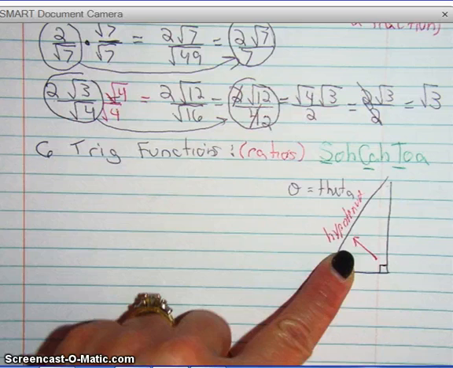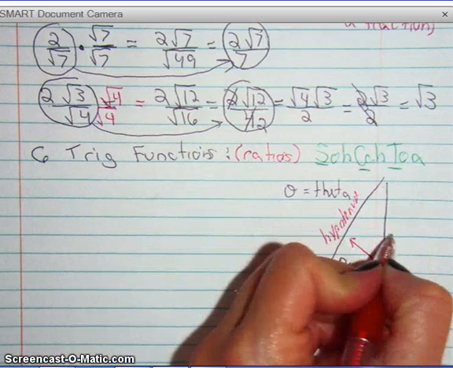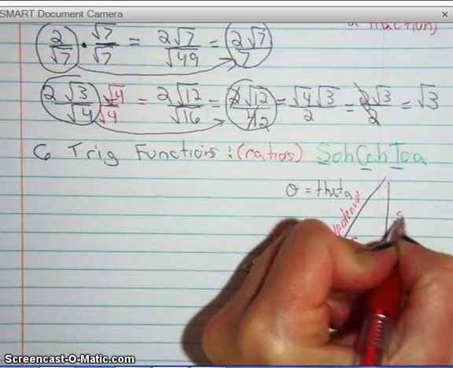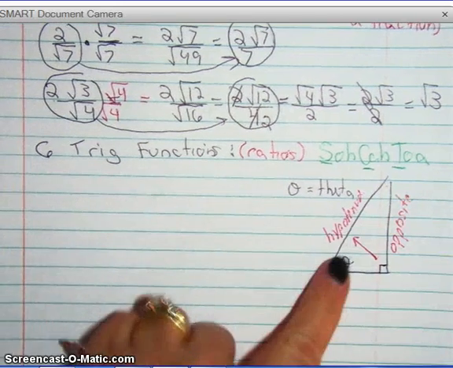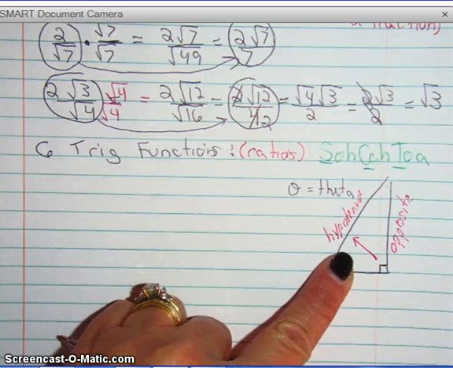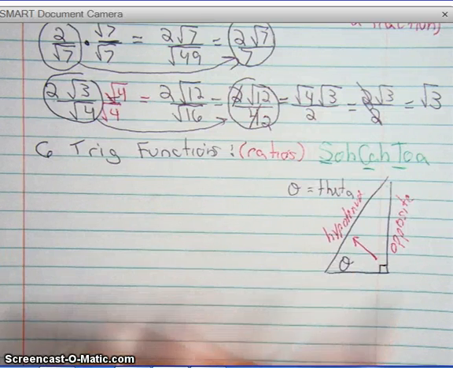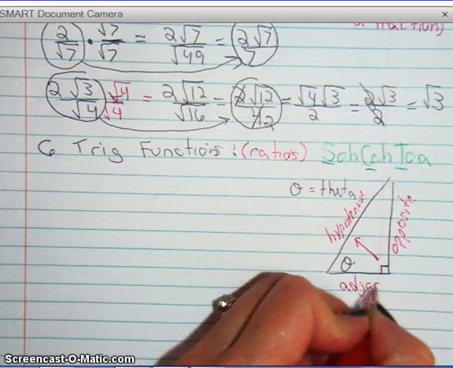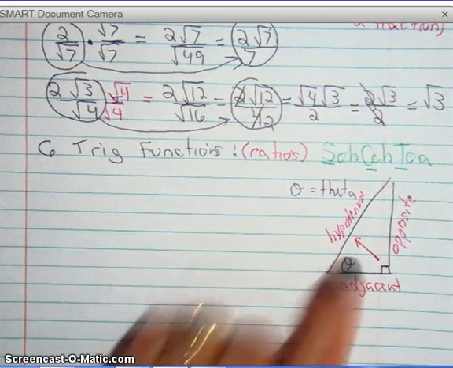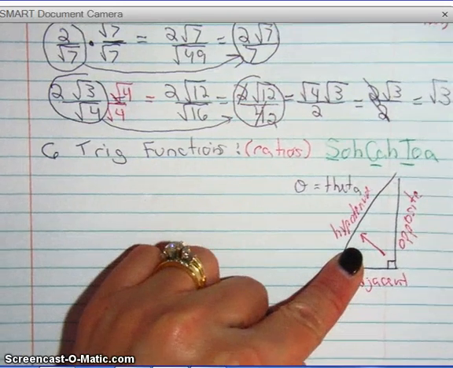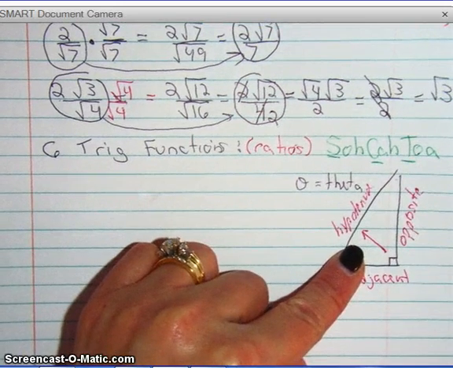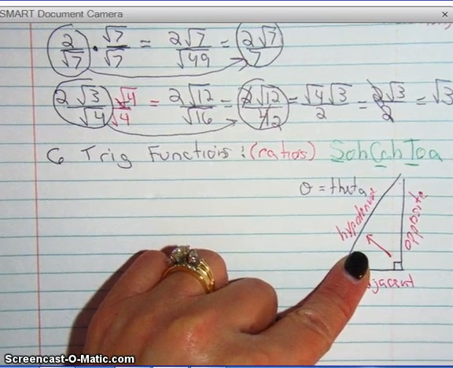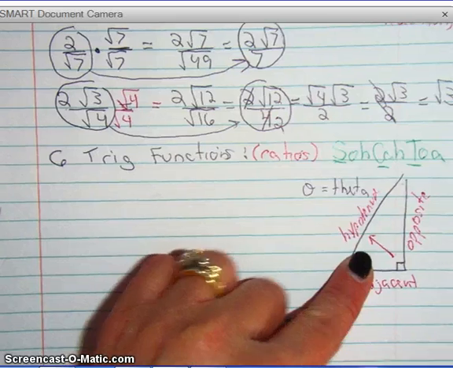The one across from my finger is called the opposite. The one next to my finger is called adjacent. Now, how do you distinguish between adjacent and hypotenuse? Aren't they both next to my finger? Hypotenuse is always the longer side and it's across from the right angle.